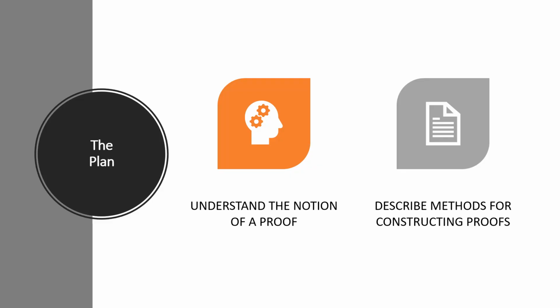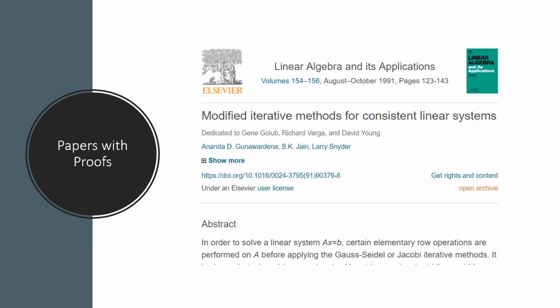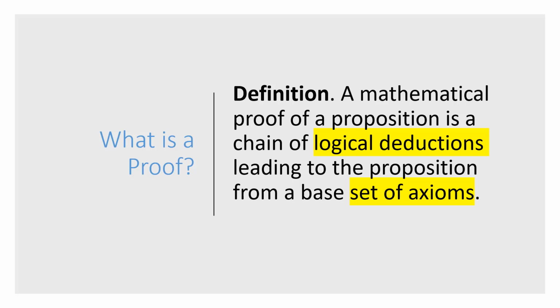All right, so let's take a look at proofs. The notion here is to understand the proof, and we can describe methods for constructing proofs. So this is a typical thing. I'll skip through that. Let's do a definition of a proof. A mathematical proof of a proposition is a chain of logical deductions leading to the proposition from a base set of axioms.